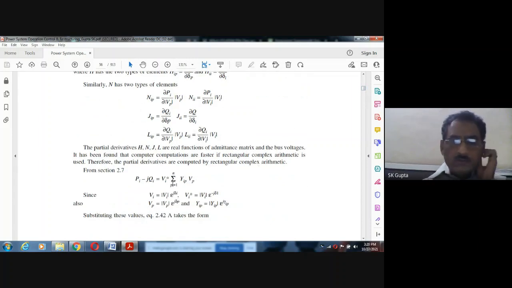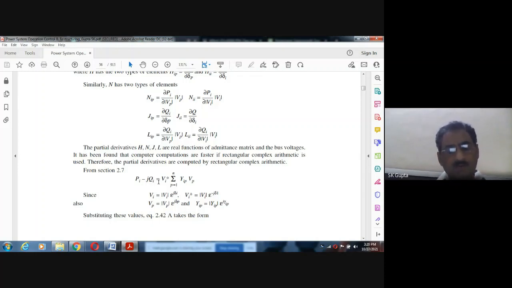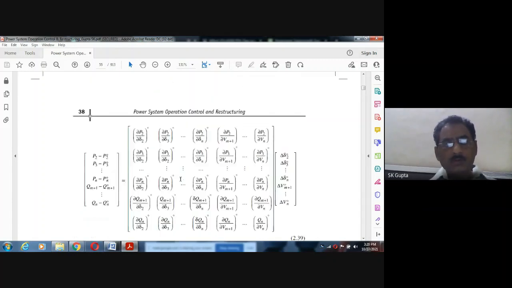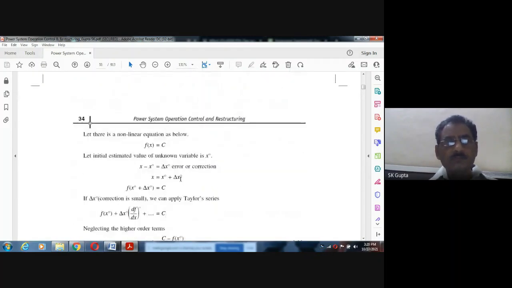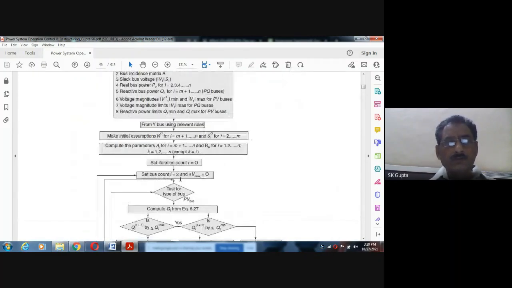And now we know this equation. Do you remember this equation? Pi minus jQi. This is the power flow equation, the basic power flow equation. You can see this when we start the load flow study. We told the power flow equation Pi minus jQi. If you don't remember, I can just show you here. It is in the very beginning.